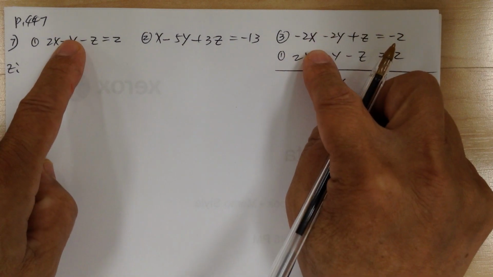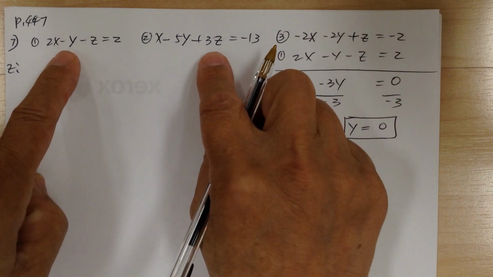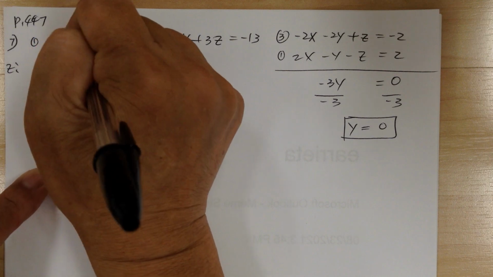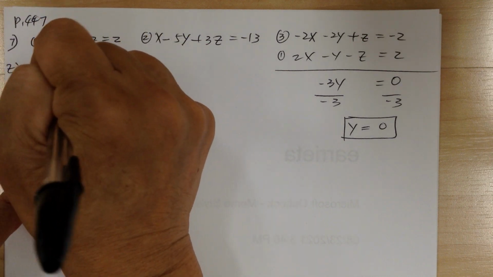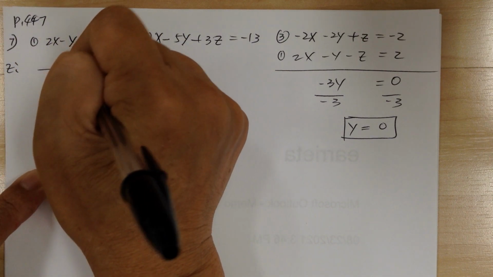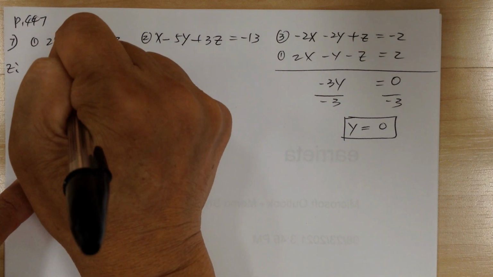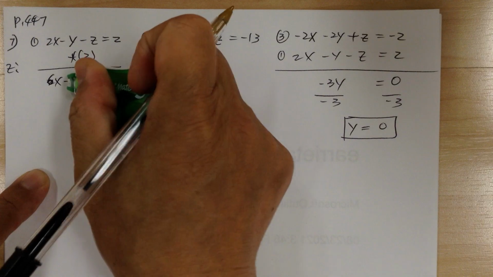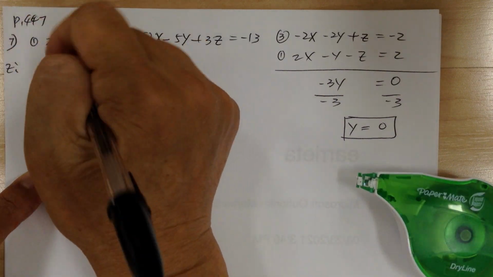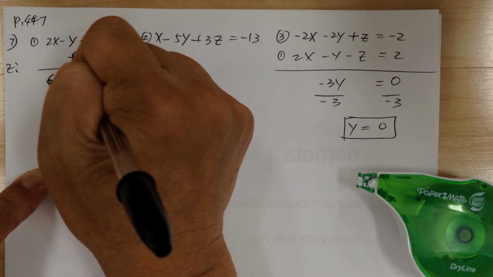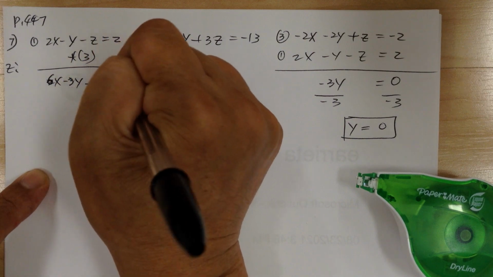So I use these two. Now to use these two together, I'm going to multiply this by 3. So I got 2x minus y, 6. So 6x minus 3y minus 3z equal to 6.